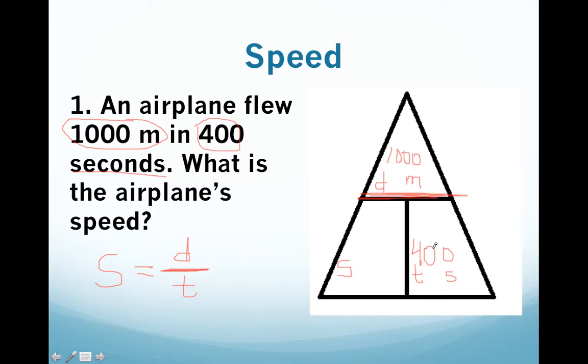So when I take 1,000 and divide it by 400, let's all do that calculation, okay? And let me get my calculator up and running. When you do 1,000 divided by 400, I get 2.5. So let me write this over here to the side just to show. 1,000 divided by 400.